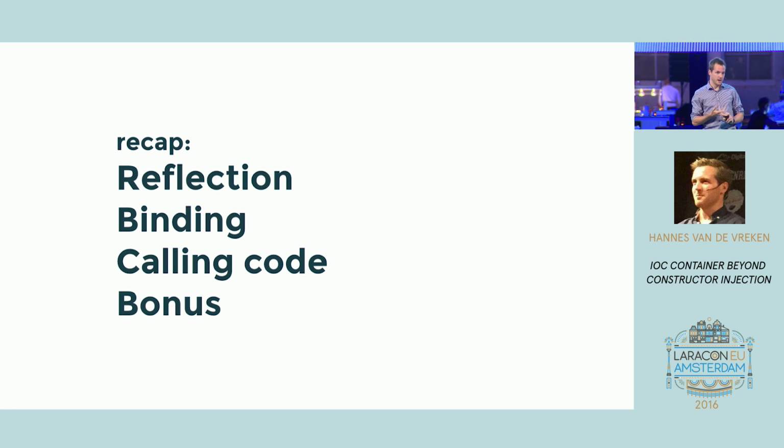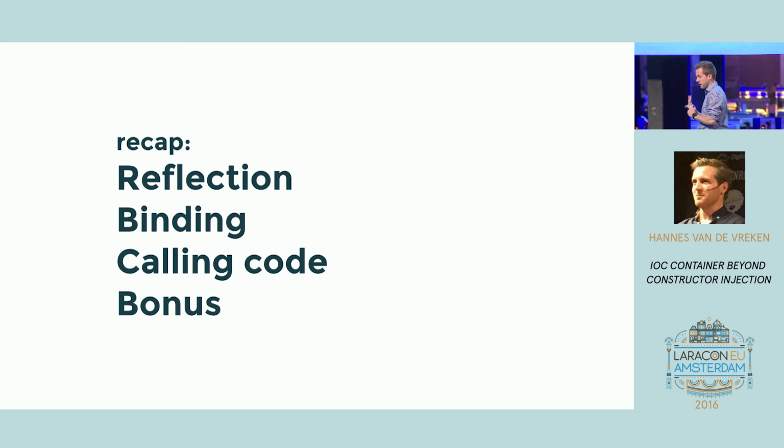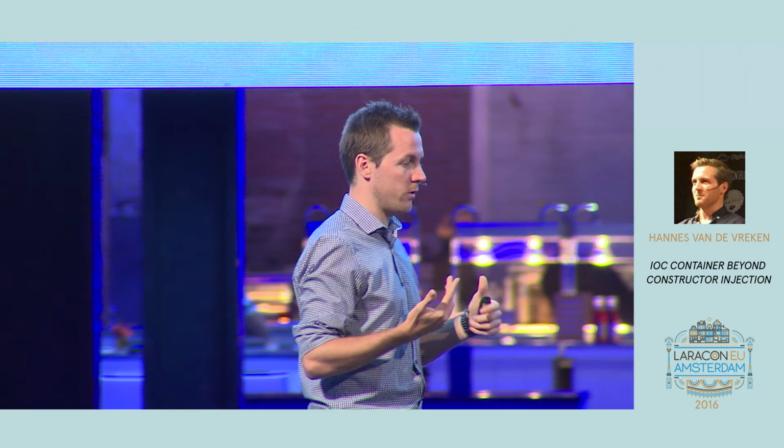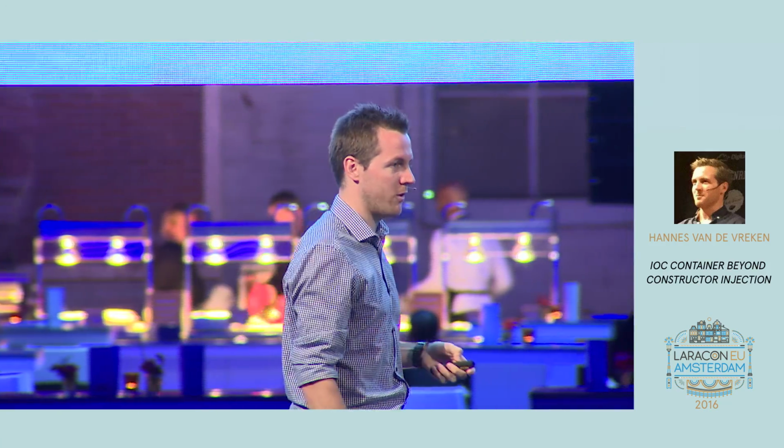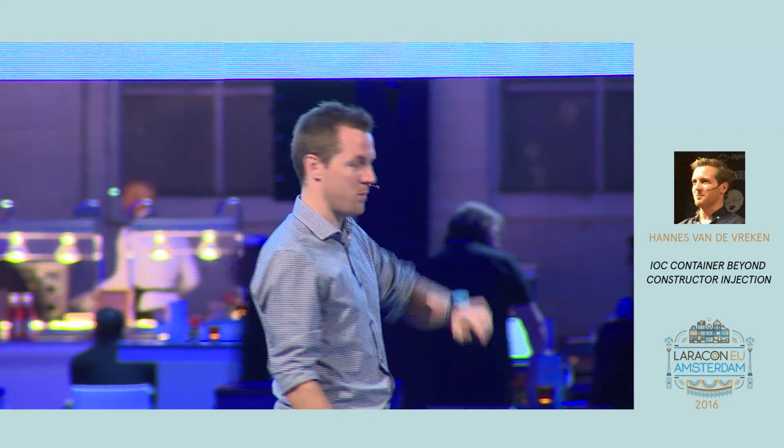I talked about binding, how to help the container know what to resolve or what to inject. I talked about container events. I also talked about calling the IoC container, how to use this->app->make and this->app->call. And then I also talked about a couple of bonus slides because I still had some time. I think we're having some time left for questions, but that's it for me. Thank you.